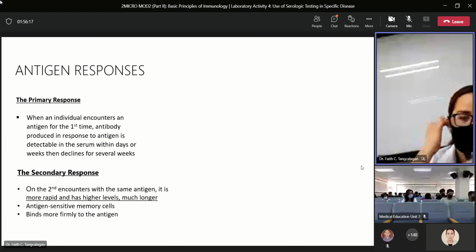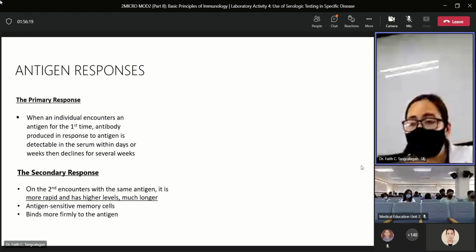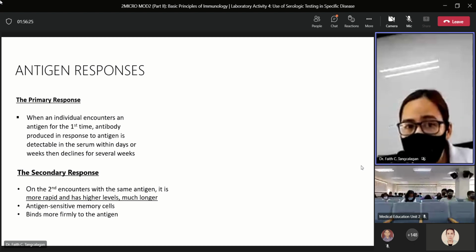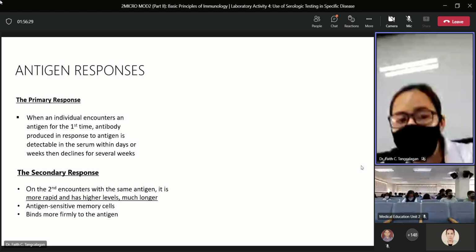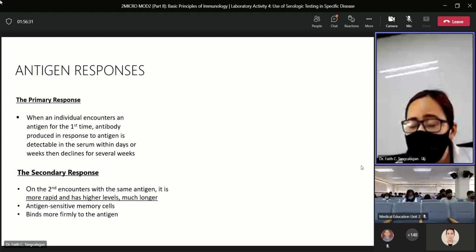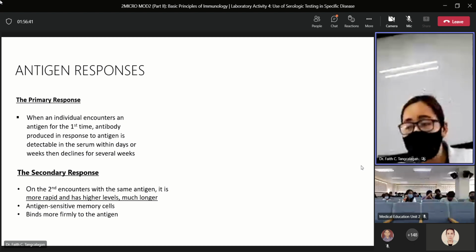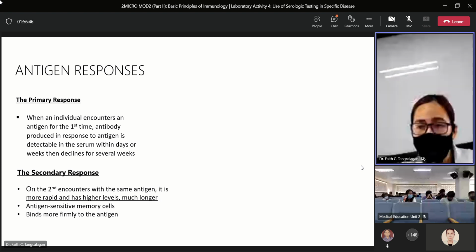It means your body is trying to cope with that same antigen by performing the secondary response mechanism. So once you encounter that antigen for the second time, it is more rapid, it generates higher levels, and it persists much longer because of immunologic memory, okay?